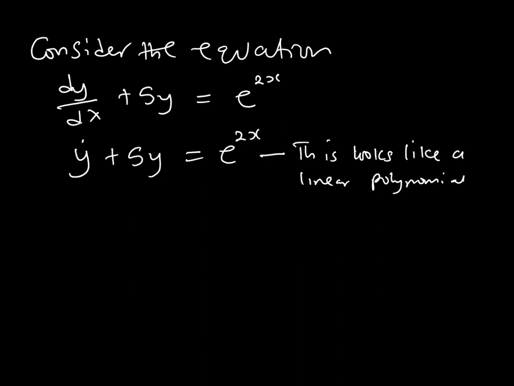Remember, this y dot is the same thing as dy by dx. In mathematics, when you study calculus and differentiation, you discover that y with a dot is the same thing as dy dx. So when you look at it, y dot plus 5y is equal to e to the power 2x, it looks like a linear polynomial, and therefore these are called linear equations.